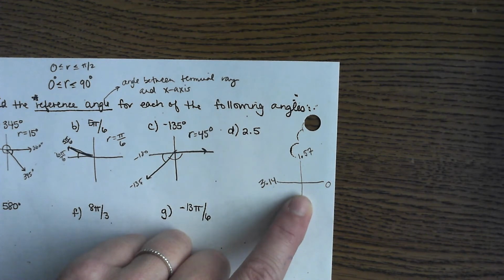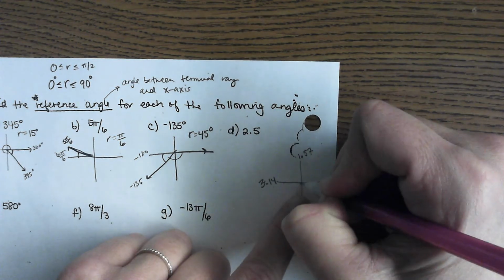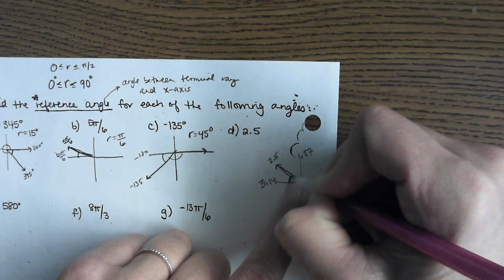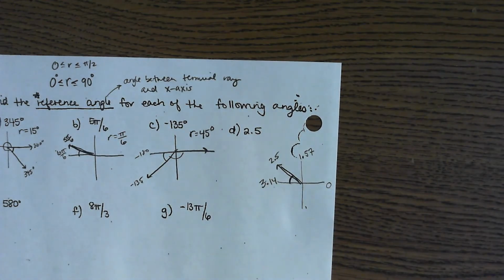And now it's easy to see that 2.5 is in what quadrant, Mackenzie? The second. There's your reference angle. How far apart are those? .5 to 3.14.